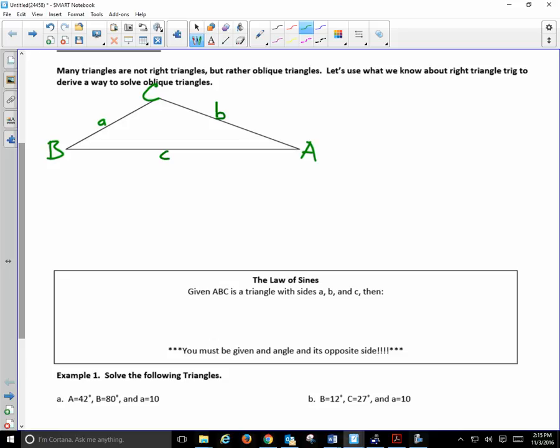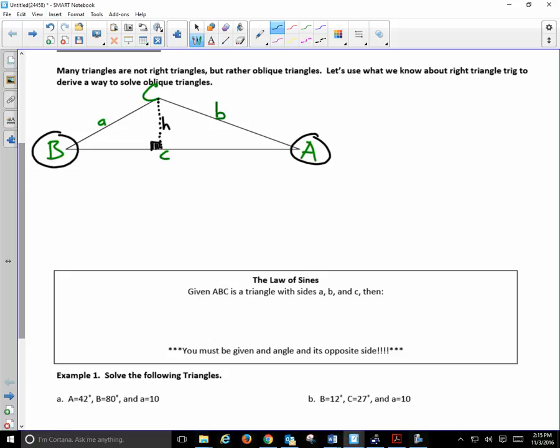Now, the truth is, I don't really know anything about triangles that don't have a right angle. So what I'm going to do is make a right angle. I'm going to call it H. Do you notice that H is the opposite side for both angle A and B?